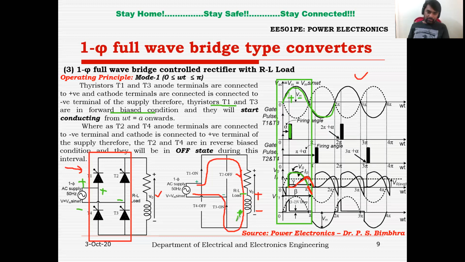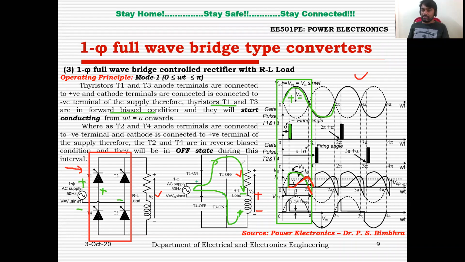So current always leaves from the positive terminal of the inductor to the source like this. Okay, and T1 is still in conduction state. Resistance R and inductor negative like this. So you can see the discharging current of the inductor with the green mark.